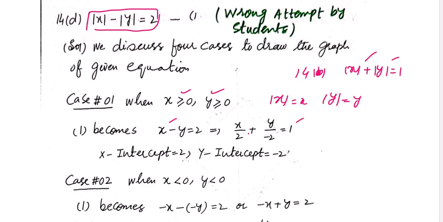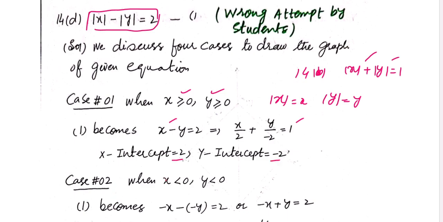From here students take the x intercept as 2 and the y intercept as minus 2, and that is actually the mistake.